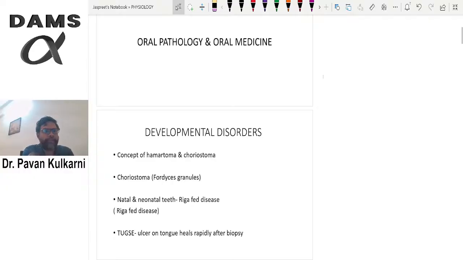For example, pleomorphic adenoma is associated with the mutation of which gene? PLAG1 gene. Another example: mutation of the TCOF1 gene is involved with which of the following syndromes? Treacher-Collins syndrome. I'm just giving an example; I'm not teaching you anything here.